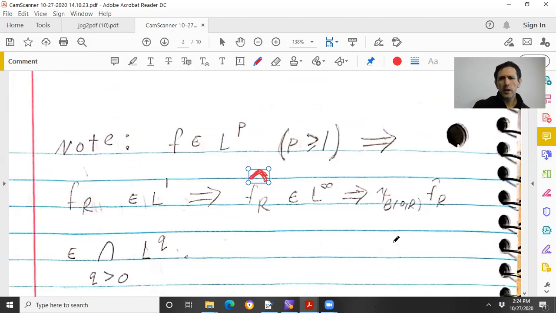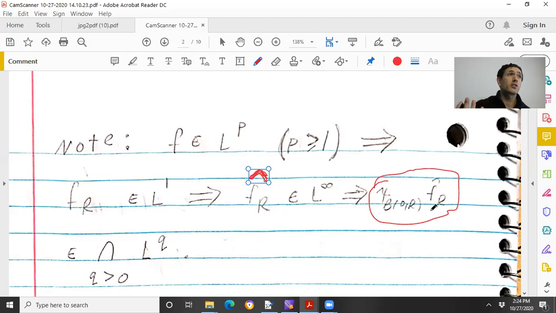So in particular, when I take the inverse Fourier transform of this whole thing here, well, by the Hausdorff-Young inequality, it is actually in LP for all P bigger than or equal to 2. Okay. So including it's in L infinity also. So the bottom line is we know something about the inverse Fourier transform of what I just circled.